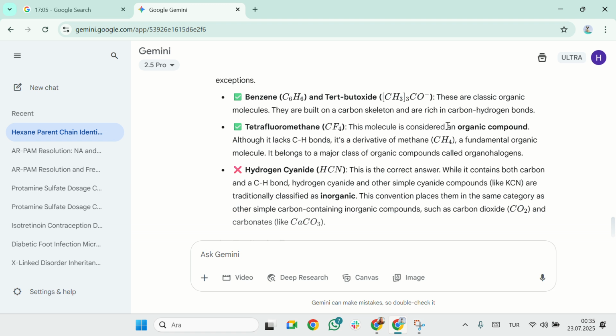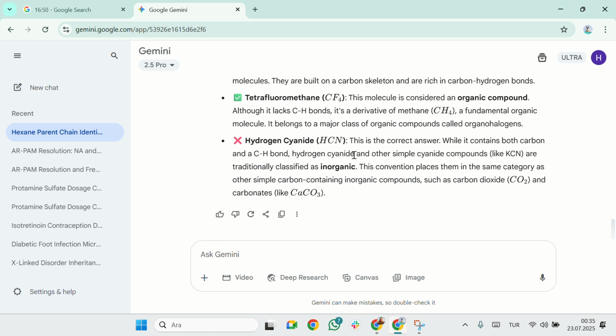Tetrafluoromethane is considered an organic compound. Although it lacks CH bonds, it's a derivative of methane, a fundamental organic molecule. It belongs to a major class called organohalogens, okay.